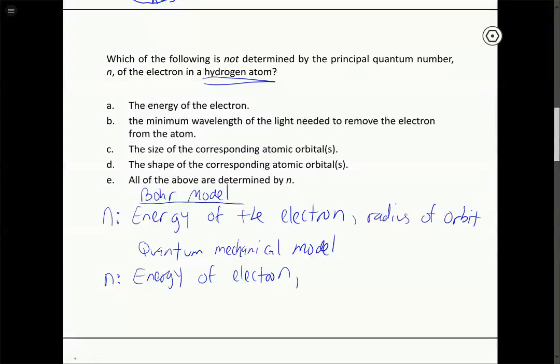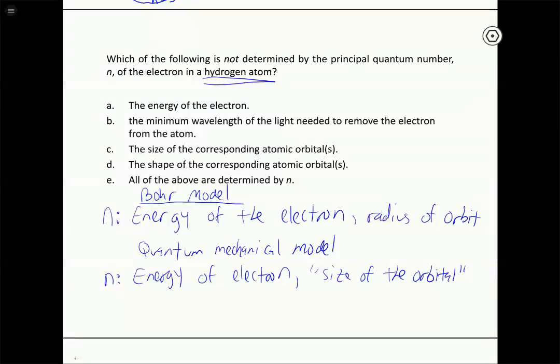And then it's also related to the size of the orbital. And by size of an orbital, remember that an orbital does not have a specific radius or a specific orbit associated with it, but it does give us the probability of finding an electron in a certain volume. So either the most probable radius becomes larger if the value of n becomes larger, or the total volume of the orbital that encompasses 90% probability, or whatever you choose to define, also becomes larger.